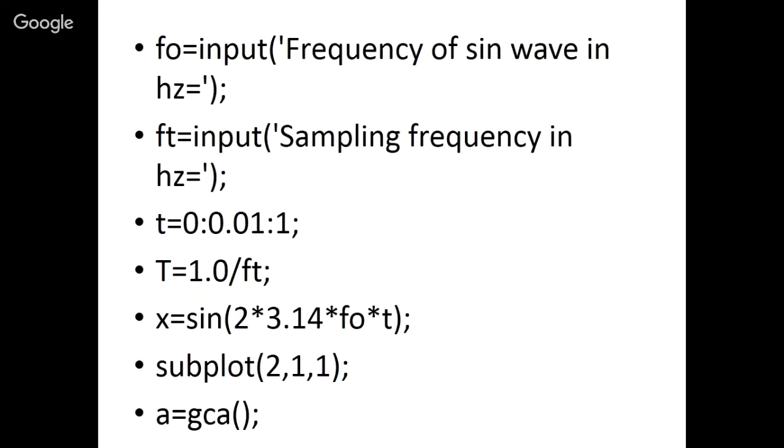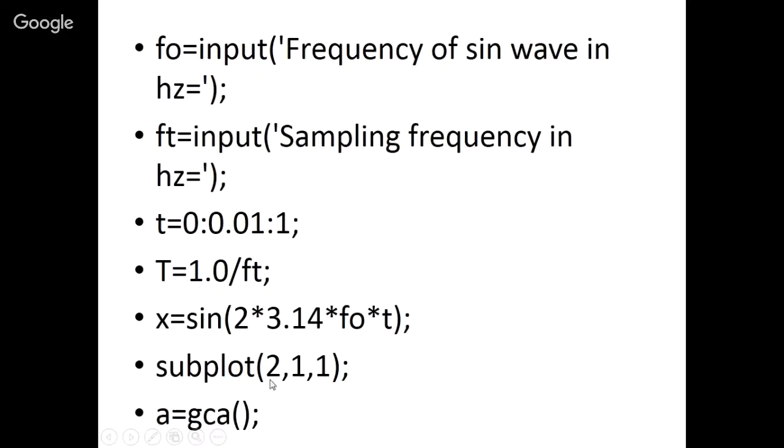So what we have done here is t equal to the range from 0 to 1 with a gap of 0.01, and we take the time period as 1 by ft. That's why we take the sampling frequency, and it will be 1 by ft, the time period. After that, we create a simple sine signal, x equal to sine 2 pi f t, where f is now the input frequency f0.